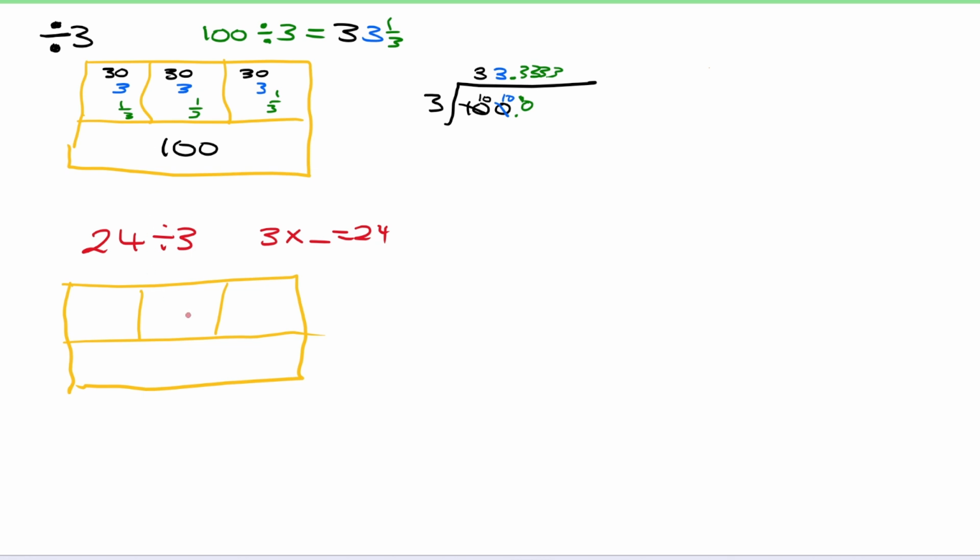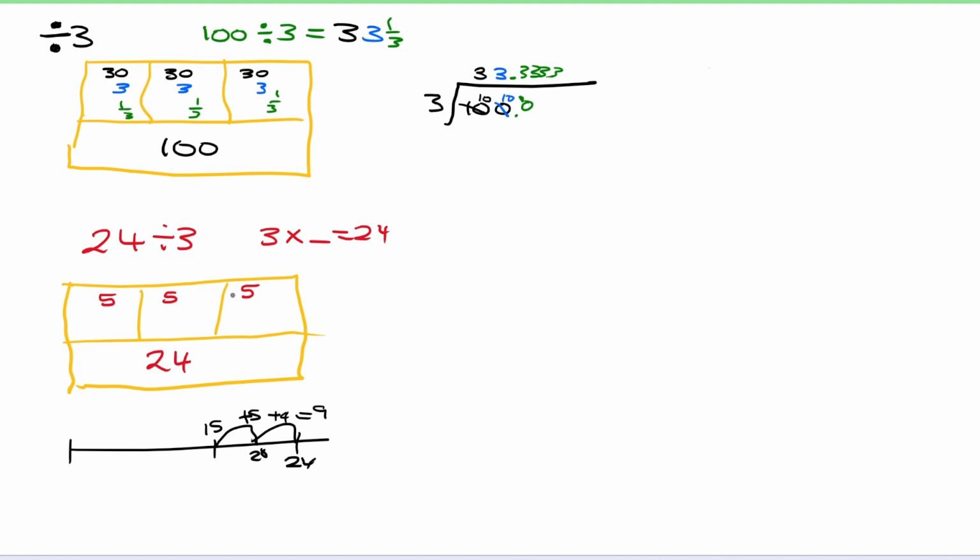So if I've got 24 here, I might say, well, I definitely know I can give them a 5 each. 5, 10, 15. So here I am at 15. So there's 0. I've got to get to 24. I'm at 15 at the moment. I need to hop another 5 to get to 20, and then another 4 to get to 24.